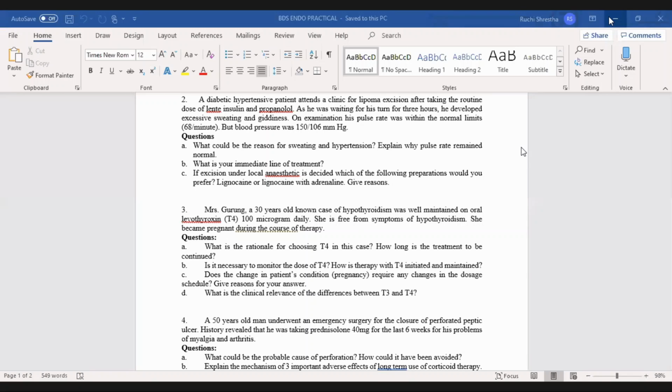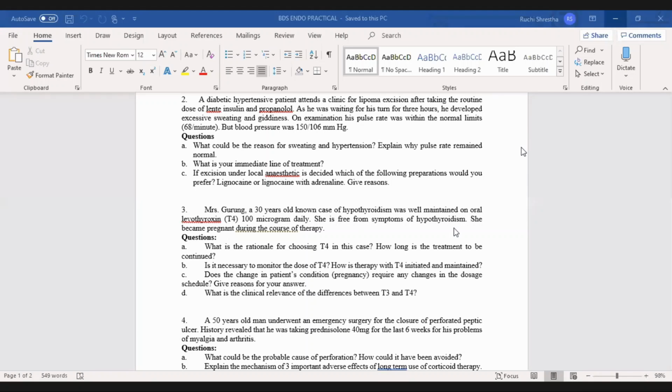And here the patient is pregnant, so after pregnancy a higher dose is normally required, a higher level of T4. Does the change in the patient's condition of pregnancy require any change in the dosage schedule? Give reason for the answer.